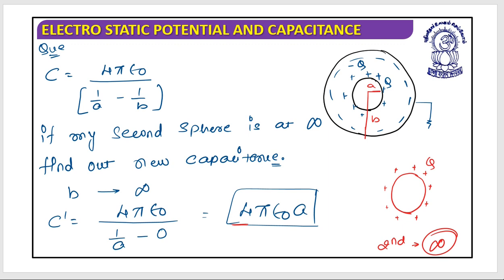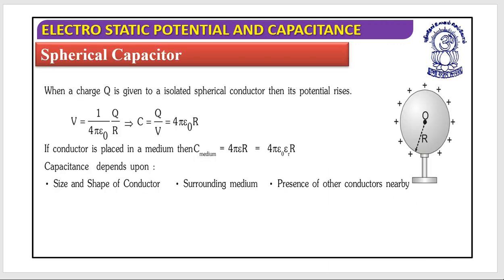Let's look at the same thing by a different approach. This is the spherical capacitor and this is the isolated conductor, or we can say isolated sphere, and I need to find out the capacity of this. What is it? Let's have a look.